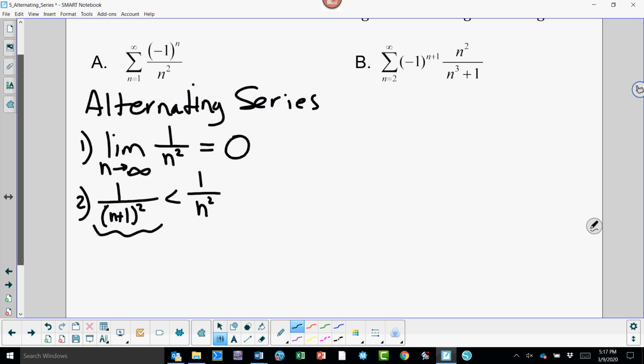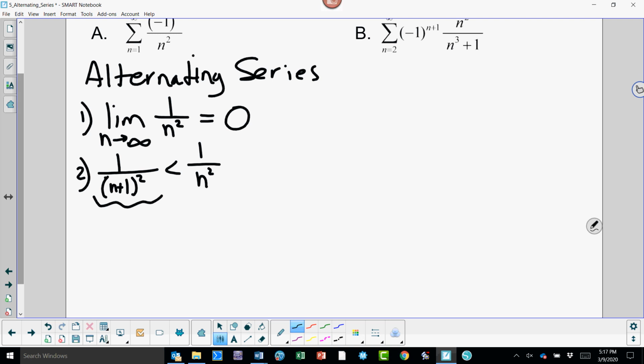And this is for n greater than or equal to 1. So again, it doesn't matter what happens otherwise. You can also say the words that it decreases in magnitude.